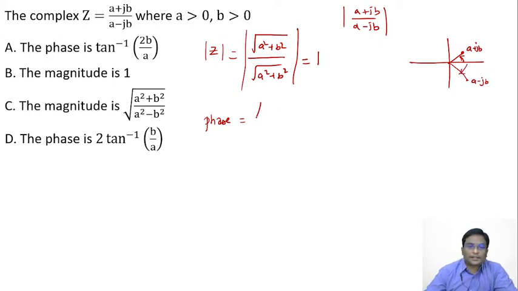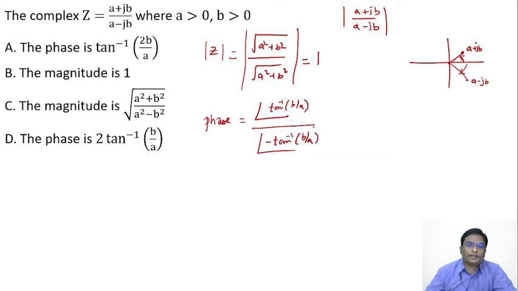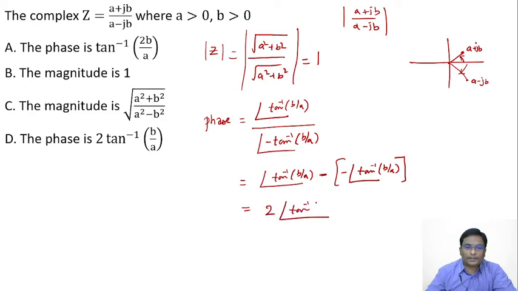Theta 1 divided by theta 2 is nothing but theta 1 minus theta 2. So this is tan inverse of b by a minus of minus tan inverse of b by a. Minus of minus becomes plus. This is 2 times tan inverse of b by a.